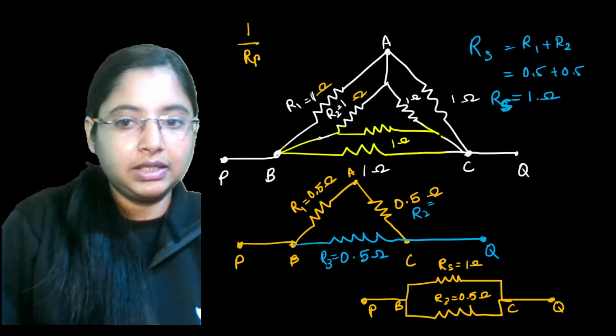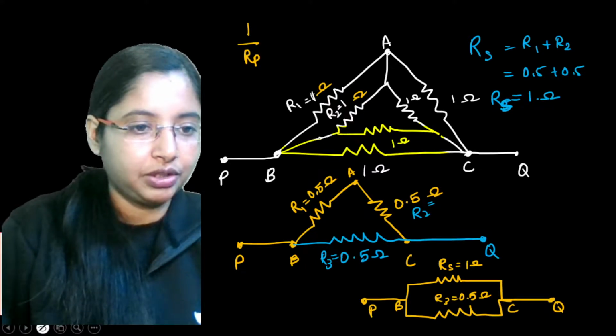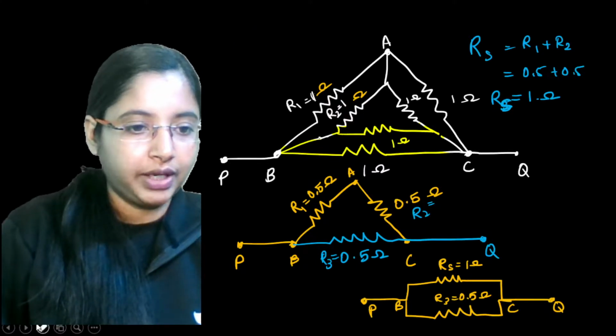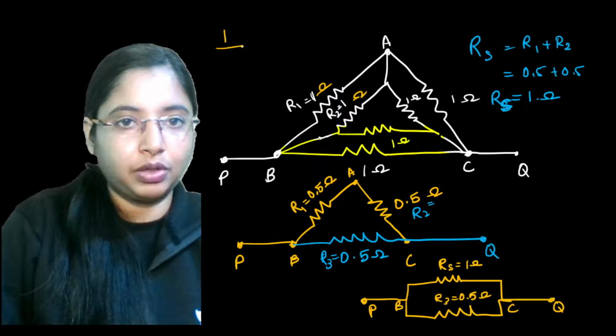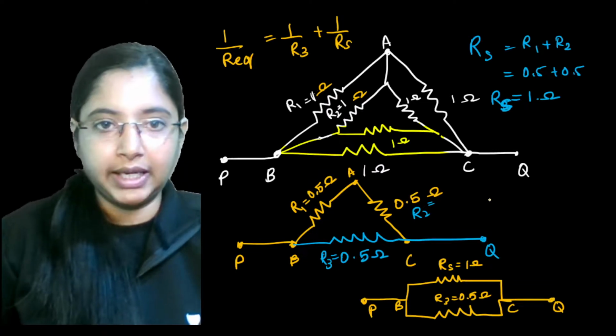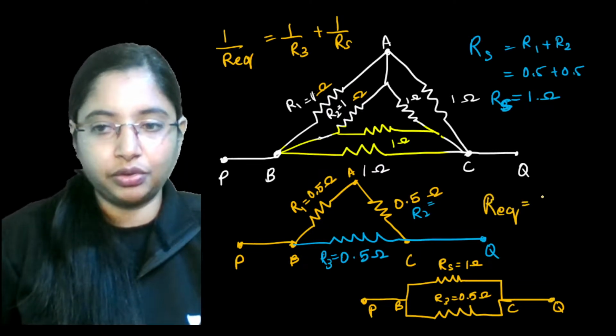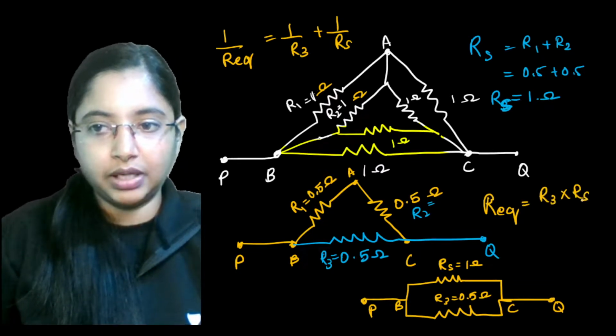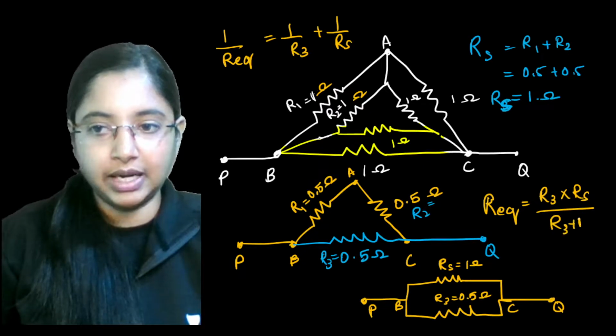So for the parallel combination, the equivalent that you want is 1 by R3 plus 1 by Rs. So the equivalent combination is going to be R3 into Rs by R3 plus Rs.